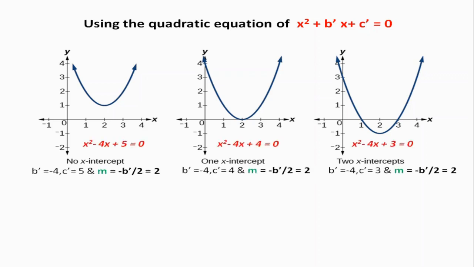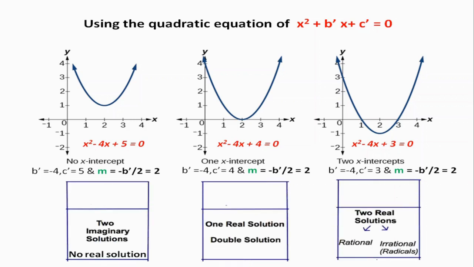See in the figure, b dash is minus 4 and c dash is 5. So m is equal to 2 in all situations, but the value of c dash in the first equation is 5, in the second equation is 4, and in the third equation is 3. So the condition for imaginary or no real roots, for equal roots, and for two different roots are seen in the figure.